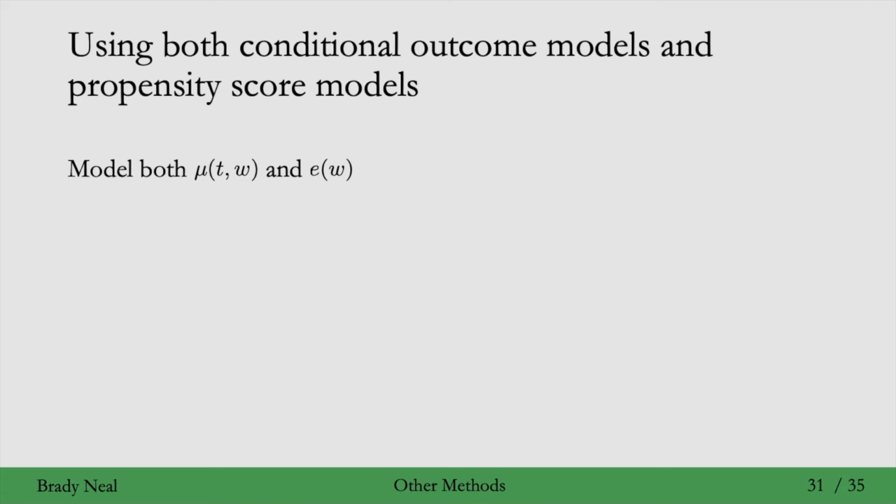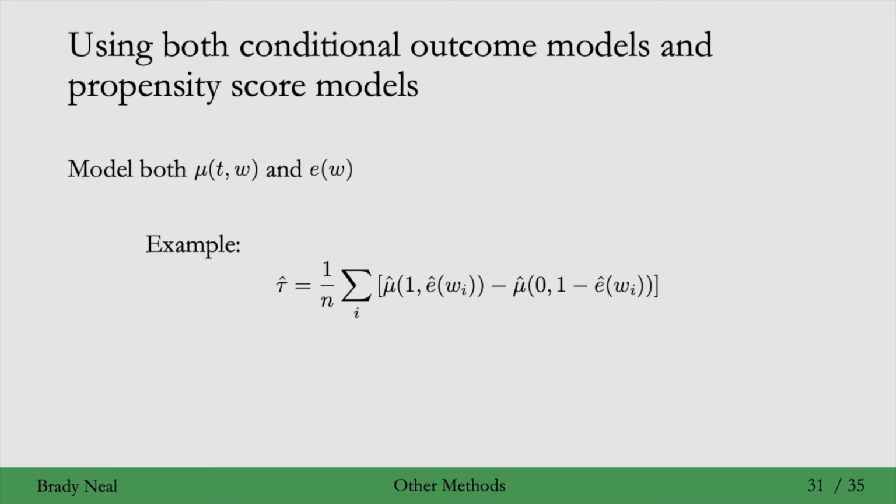So to see a natural example of such an estimator that uses both of these, first consider COM estimation. And then from the propensity score theorem, we know that conditioning on W is just as good as conditioning on the propensity score. So we can get an estimator that uses both the conditional outcome model and the propensity score model by just plugging in the propensity score for W here.